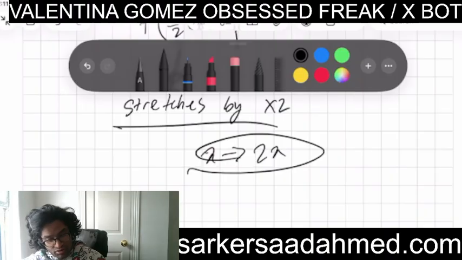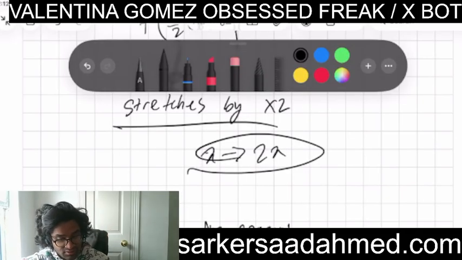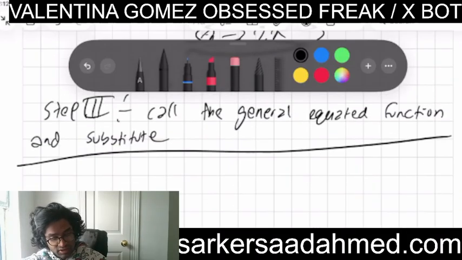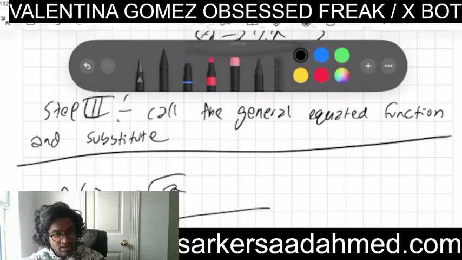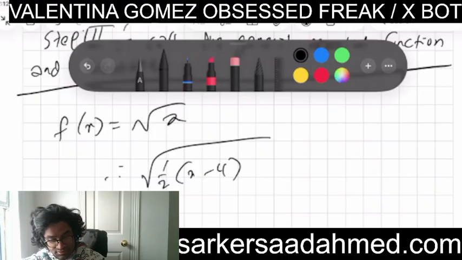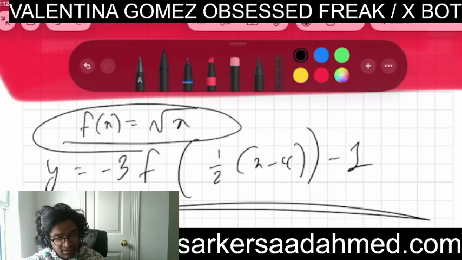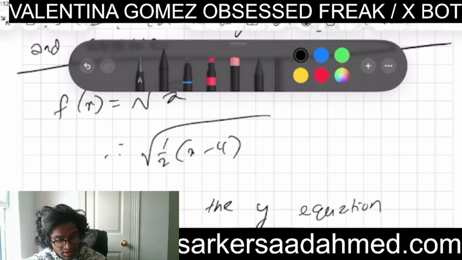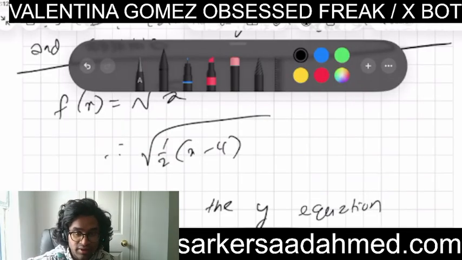Now what we have to do is call the general equated function and substitute. So I know that f of x is root x, therefore root of half x minus 4. And now call the y equation, and your y equation is minus 3 that, minus 1. You have minus 3 root of half x minus 4, minus 1.